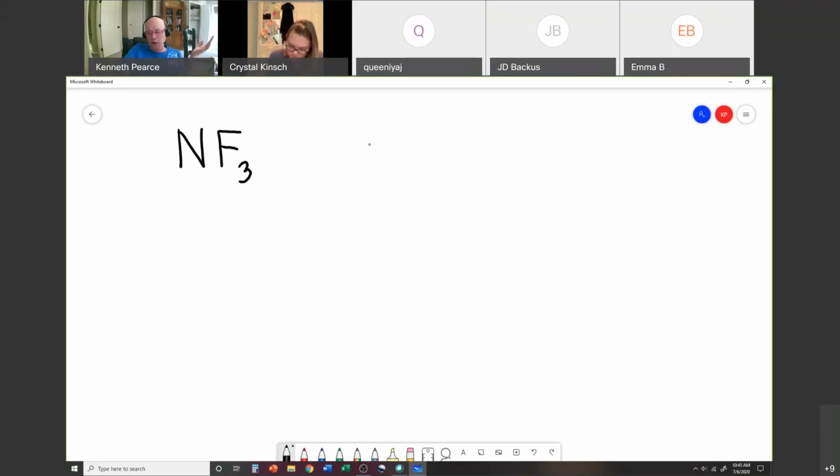How do you name this if it doesn't have a common name? You would say nitrogen. There are 3 fluorines, so we'd say trifluoride. There we go. Nitrogen trifluoride.